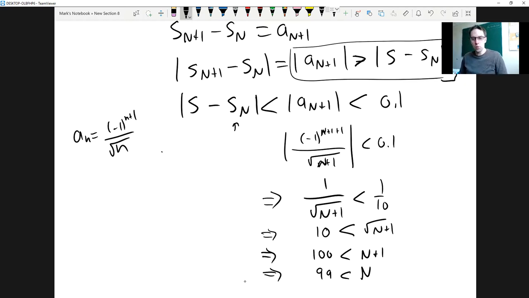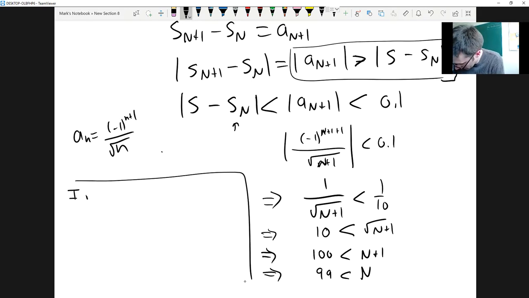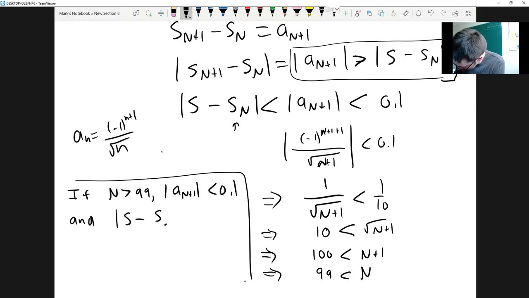Okay? So there's a whole bunch of algebra. Let's put these pieces together. If n is greater than 99, then what that tells us, working backwards, is that the absolute value of a_(n+1) is less than 0.1. And that means that the true sum minus Sn is also less than 0.1.